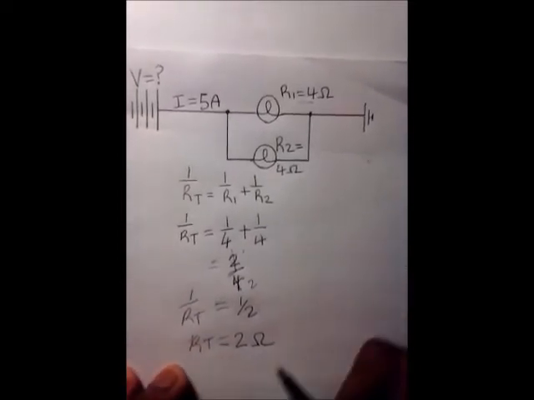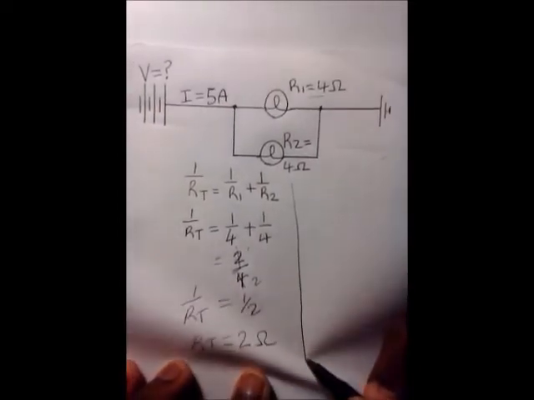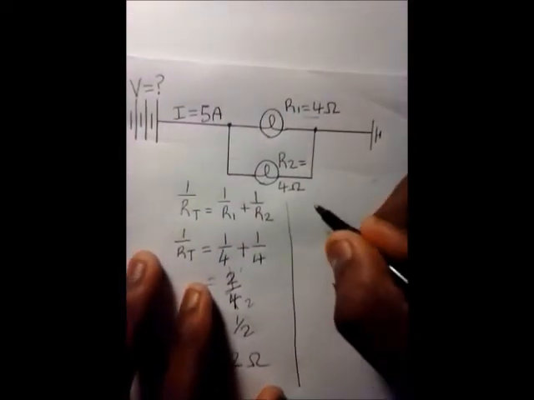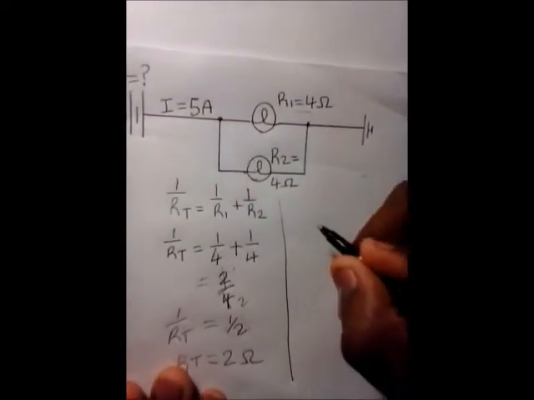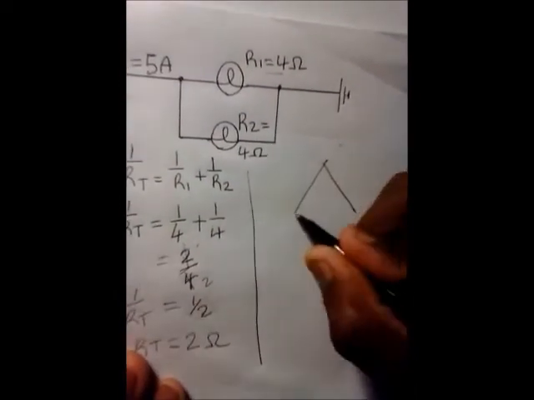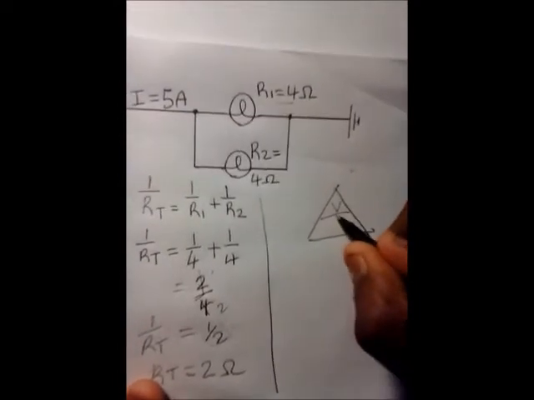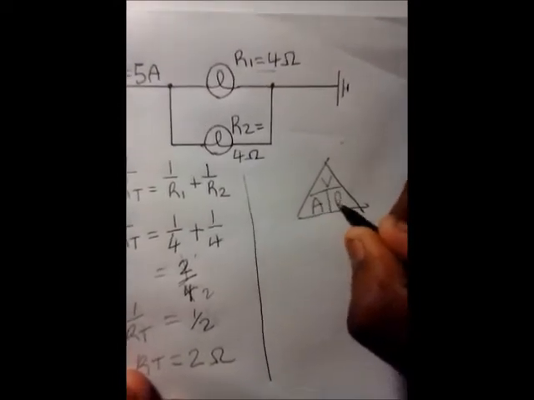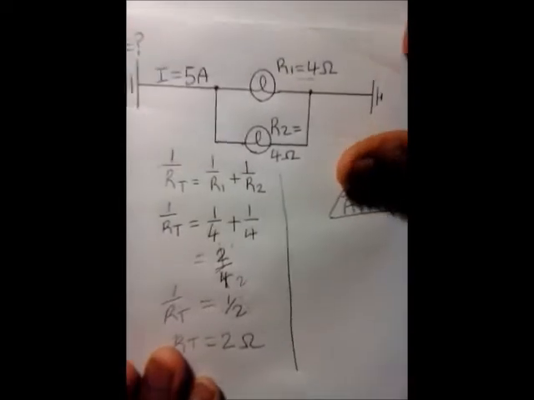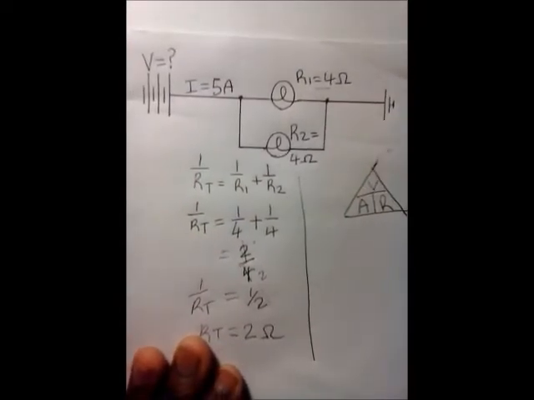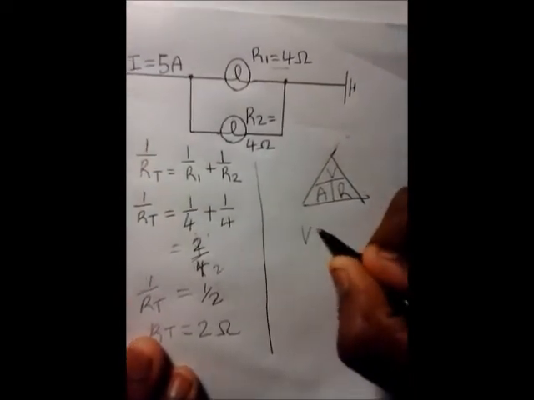We're not done as yet, as you can see. Anyway, we're looking for a voltage. So we'll go back to our best friend. Cover the voltage. We're left with amps times resistance.